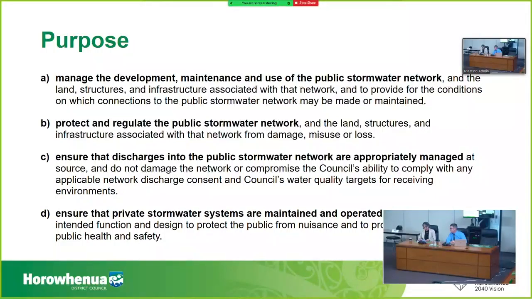And section 146(1)(b)(iii) of the Act enables territorial authorities to make bylaws for its district for the purpose that we just outlined. So it has gone through a process of why it needs to be done.